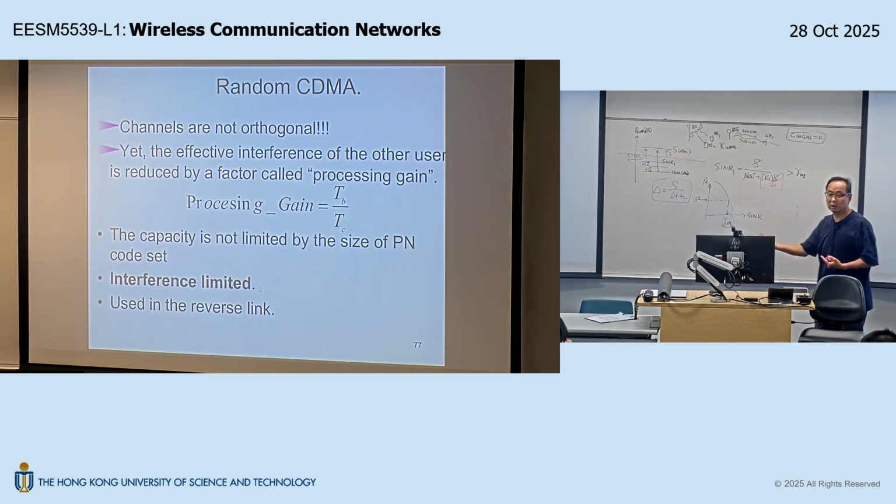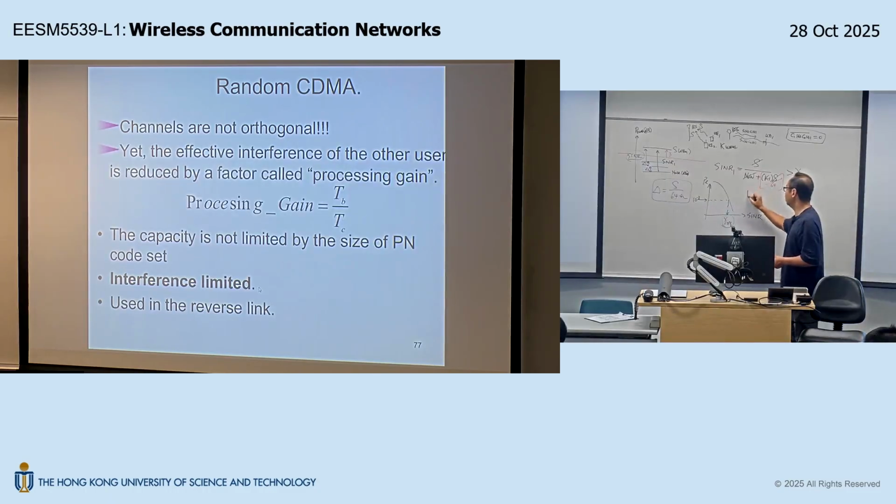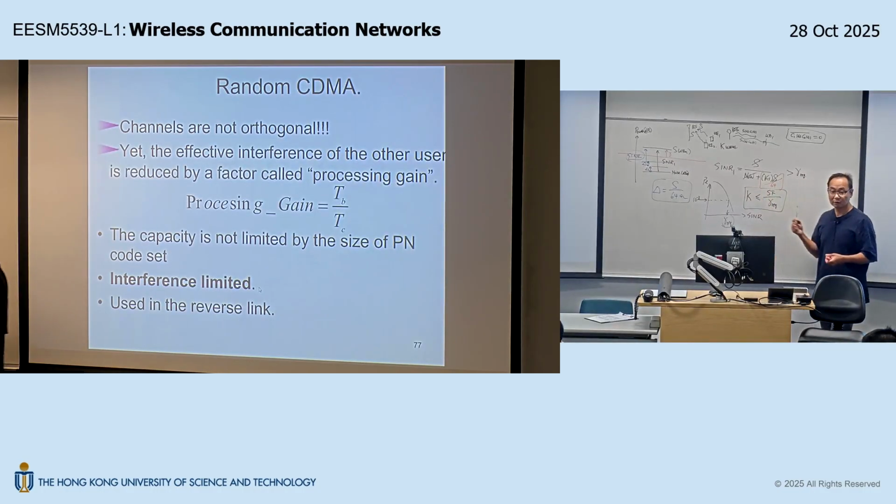So this is once again the standard behavior of an interference limited system. And suppose we have a sufficiently large number of users, so K minus 1 is approximated by K to simplify the equation. So at the end, the number of users you can support is simply less than or equal to the spreading factor divided by the required SINR. It's a very simple formula.